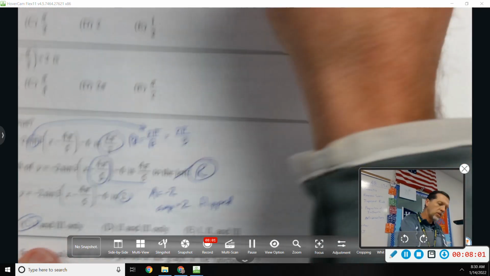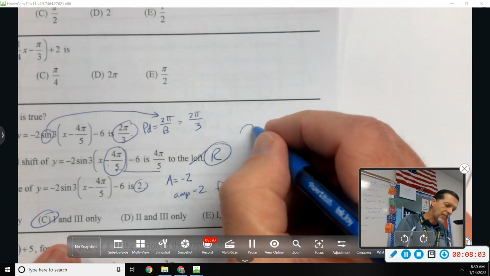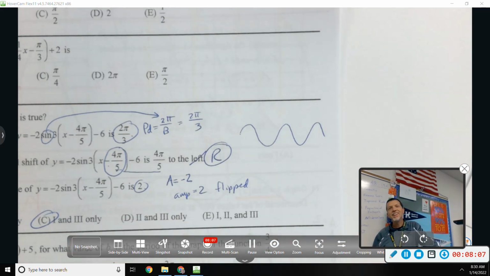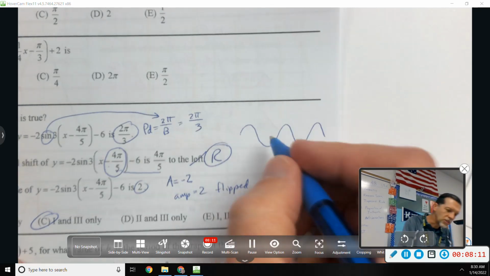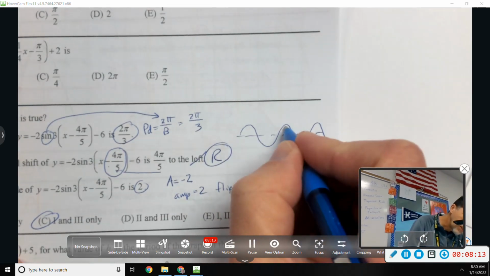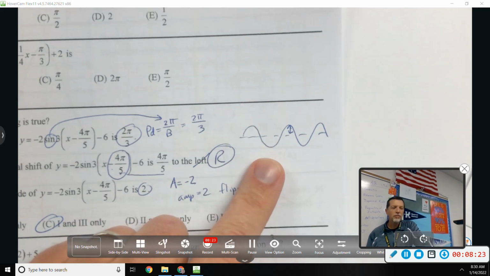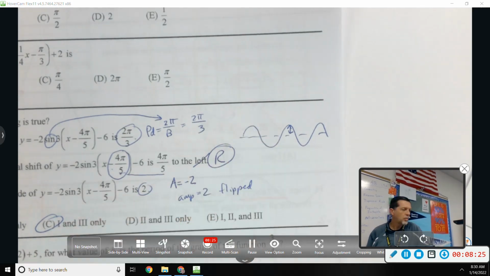Because here's another way to think of it. If you just looked at a graph, you don't know if that graph's been flipped or not. Because there's 100 different ways to write the equation of that. So that amplitude is, whatever this height is, positive. And you don't know if it's been flipped or not. So amplitude is always positive. Because you could write that equation with the flipped graph or without a flipped graph, depending on where you started it.